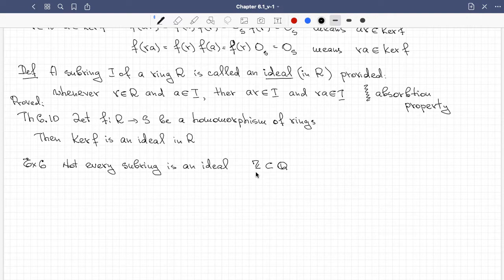If you take an integer 2 and multiply it by some rational number, you take 2, multiply it by a third, and produce 2 thirds, which is not inside the subring. So it does not have absorption property.